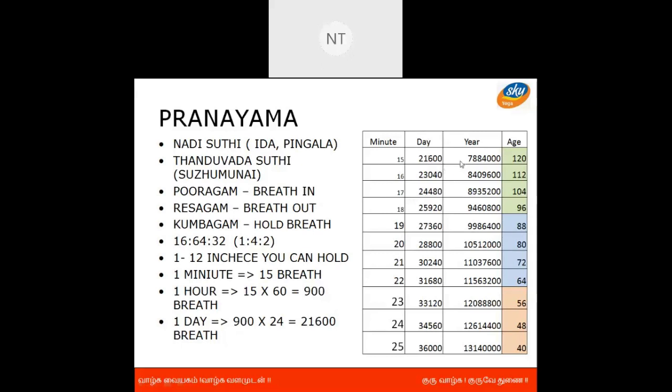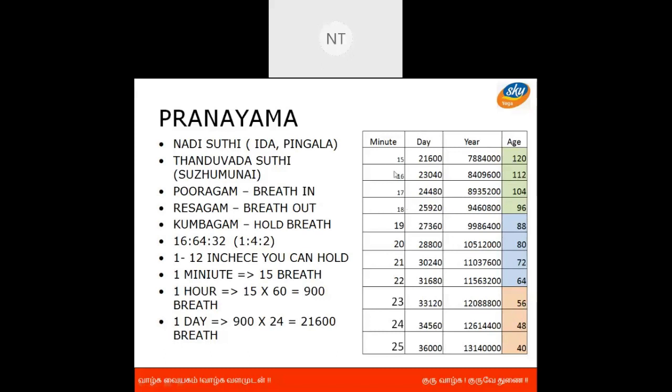Sendil Kumar also mentioned this pranayama during his speech. Here, if you look at the minutes, 15, 16, I increase the minutes. On the converse side, the age: 120, 112, 104, 96, 88, it decreases.